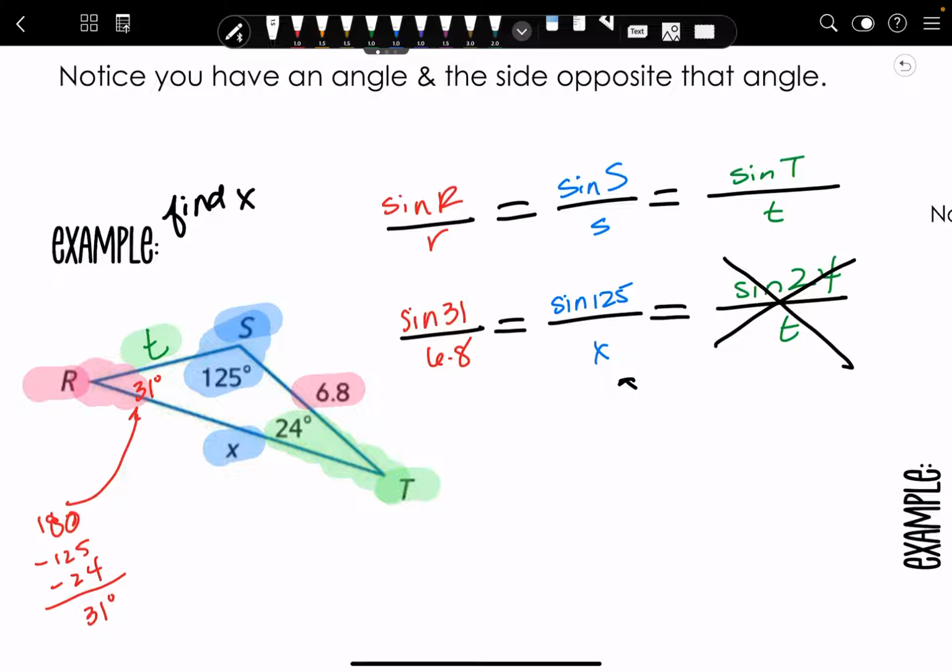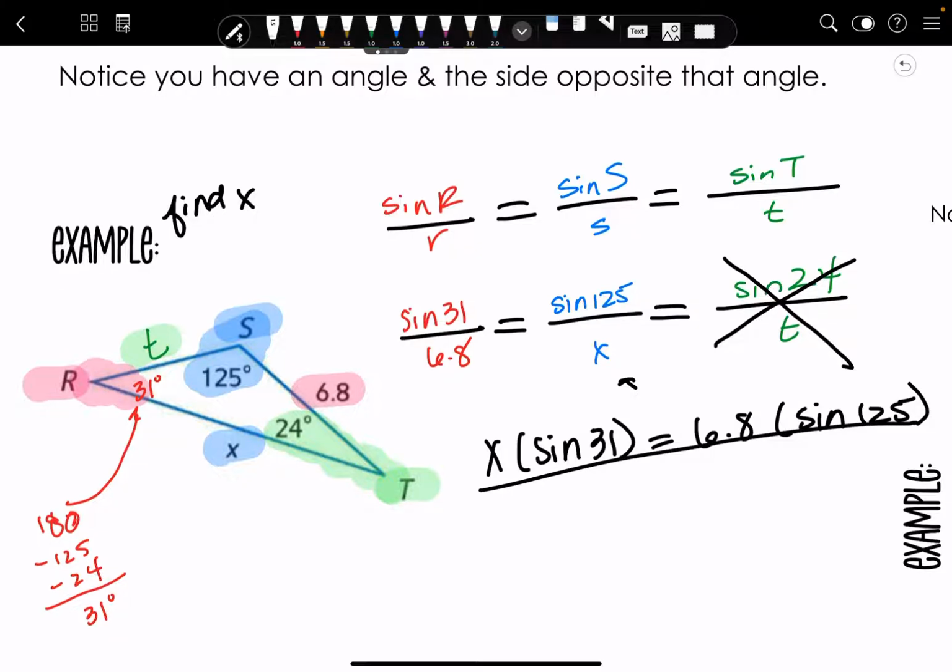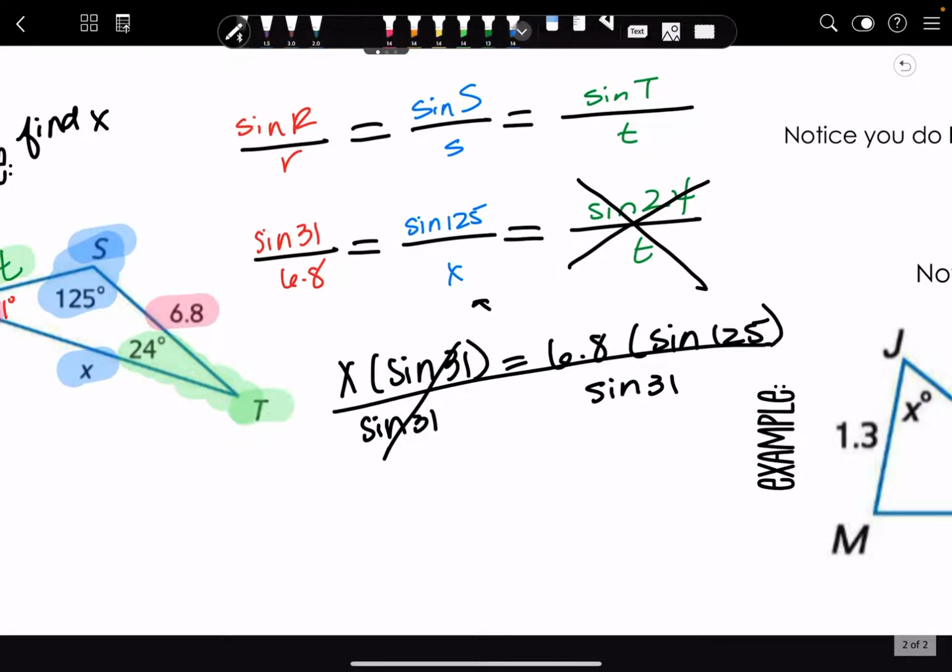When I cross multiply, I get x times sine of 31 is equal to 6.8 times sine of 125. Divide both sides by sine of 31. On the left side, it ones out, so we're fine. And then the only thing that you're going to need to put into your calculator is this right here.